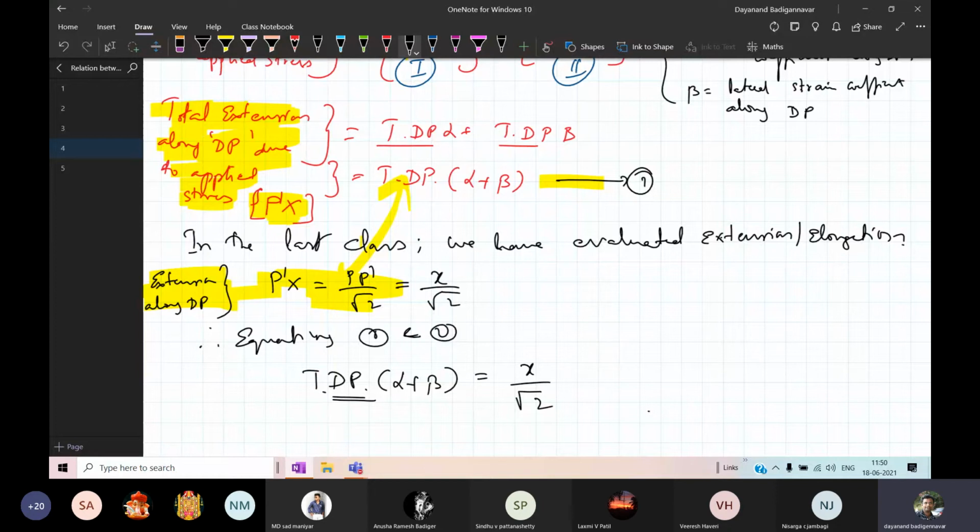I will take this as equation number 2. What is DP here? Here DP is the diagonal.